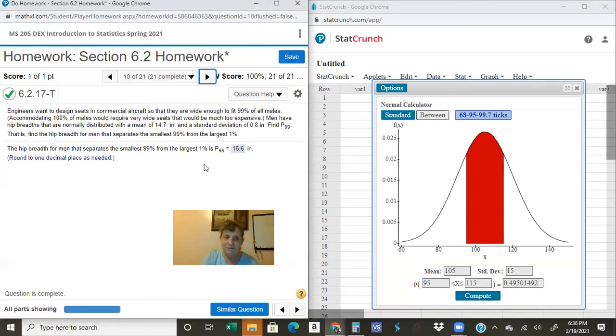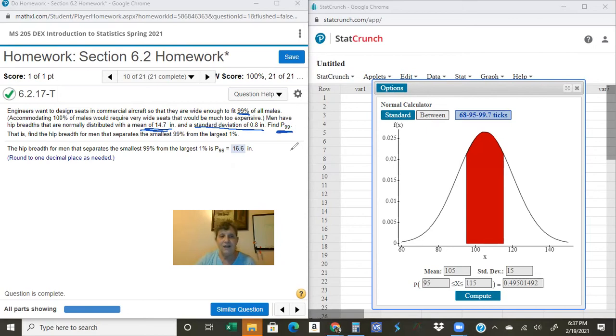This problem's a little different. It says, engineers want to design seats in commercial aircraft so that they are wide enough to fit 99% of all males. Accommodating 100% of males would require very wide seats. Men have hip breadths that are normally distributed with a mean of 14.7 inches and a standard deviation of 0.8 inches.